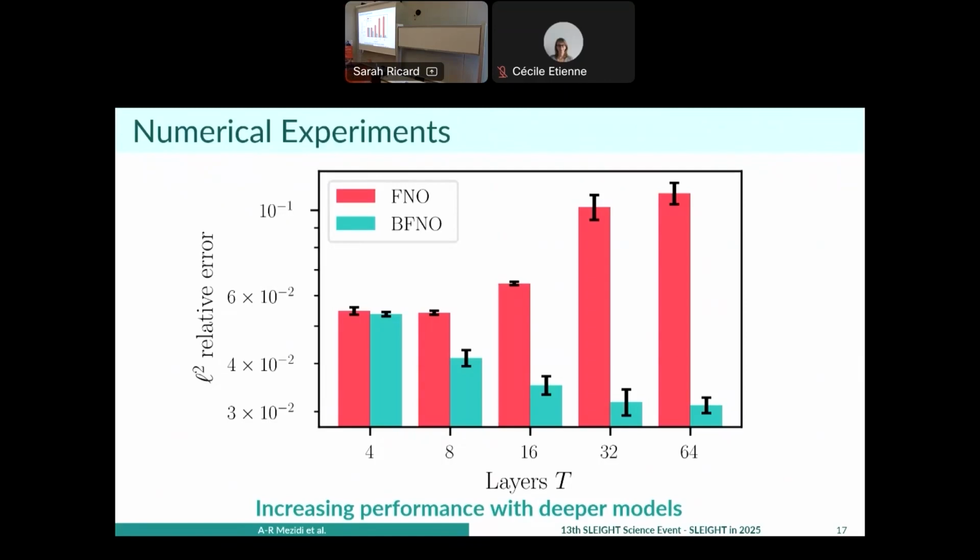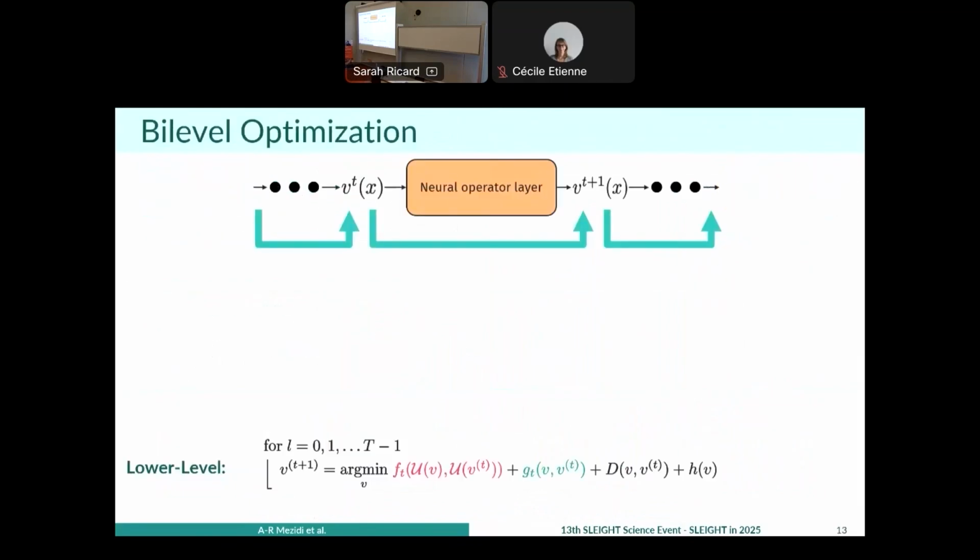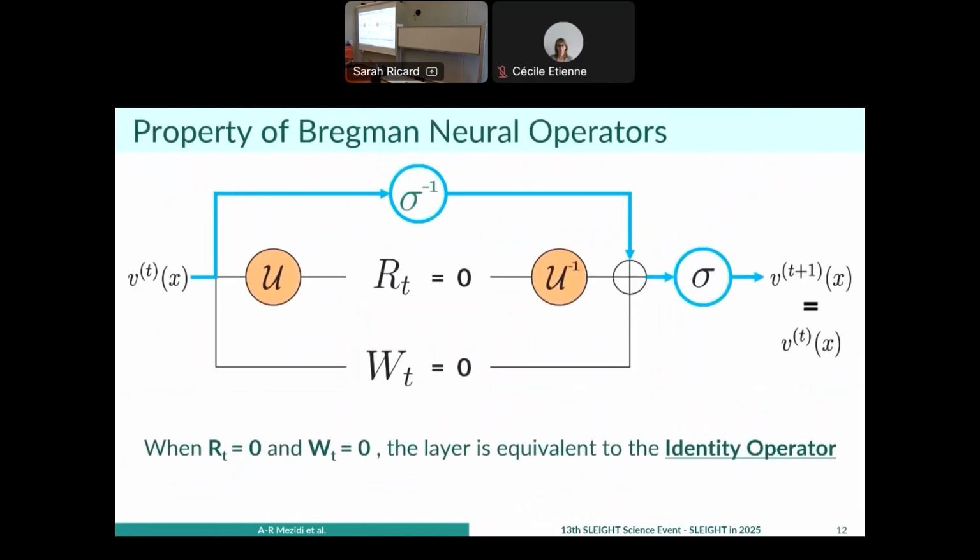Regarding the ResNet skip connection with sigma inverse here: in ResNet we don't have the inverse of the activation operator. We just have a skip connection from the input to the output.